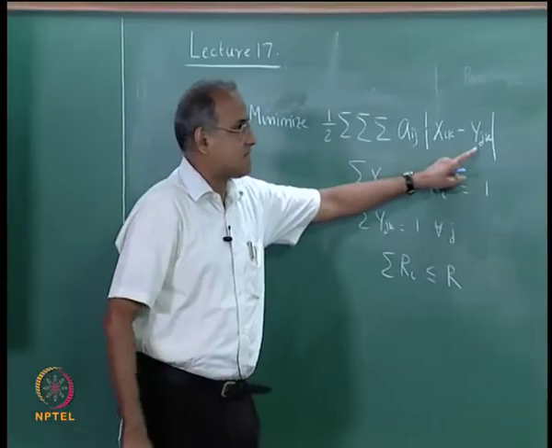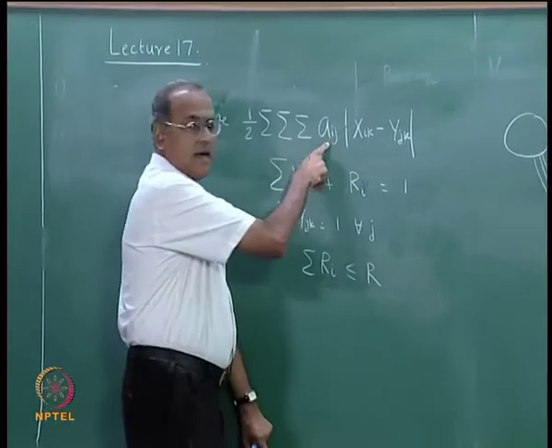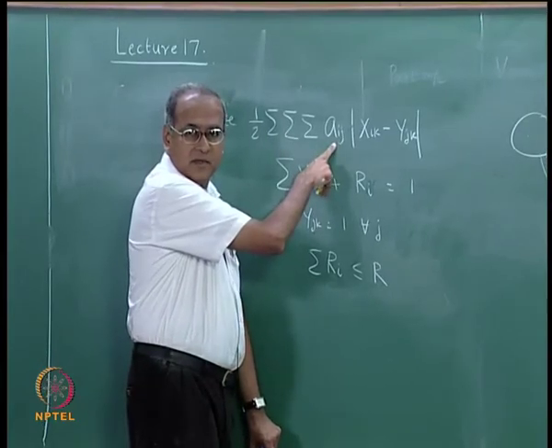Machine number 6 requires 3 plus 4, 7 parts. There are 7 parts that are there for machine number 6. Therefore, there are 7 places where a_ij is going to be 1.